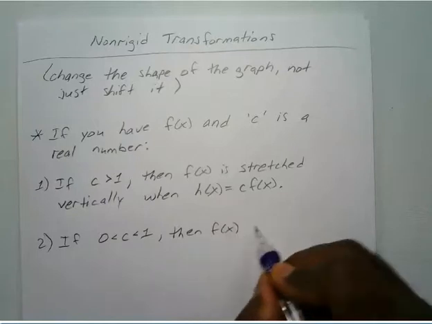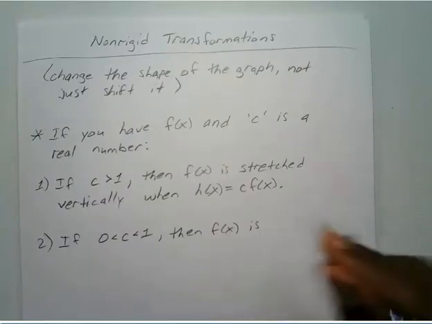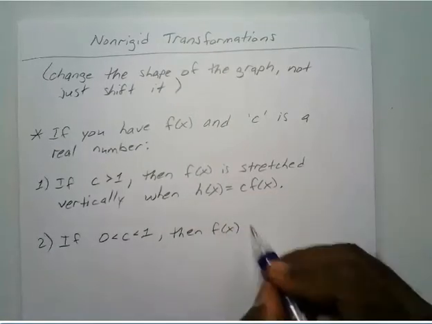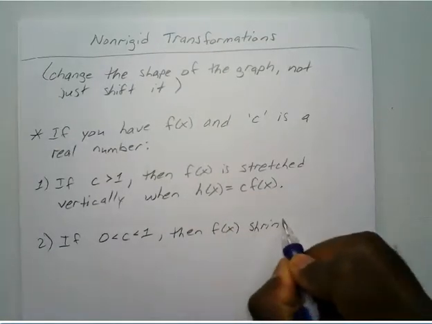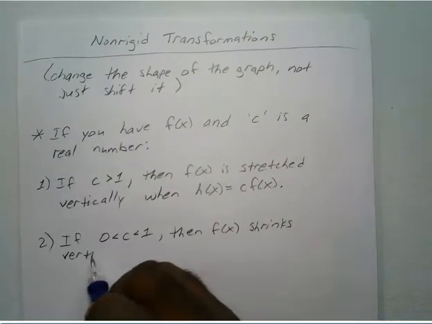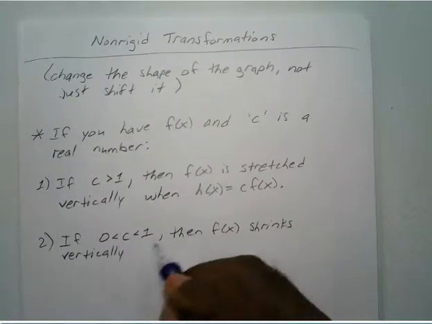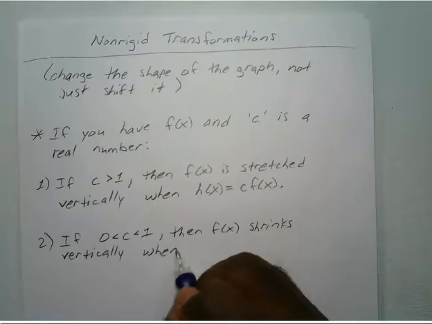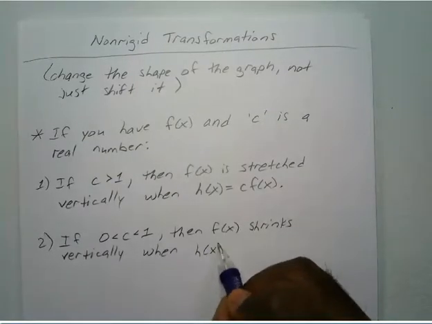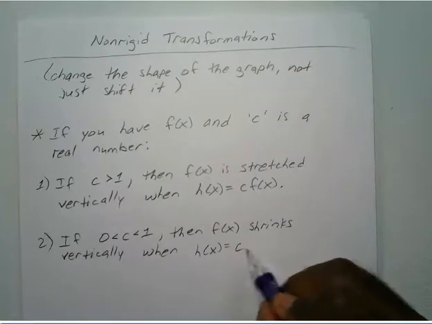Then f of x shrinks vertically when you have the function, again, we'll call it h of x equals c times f of x.